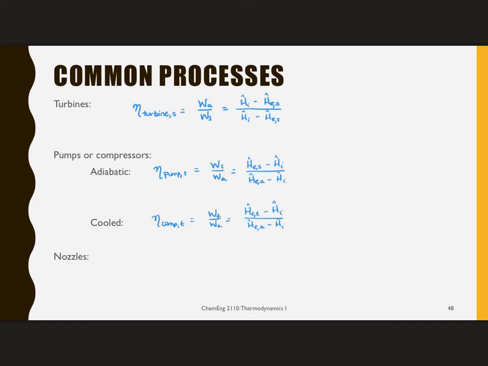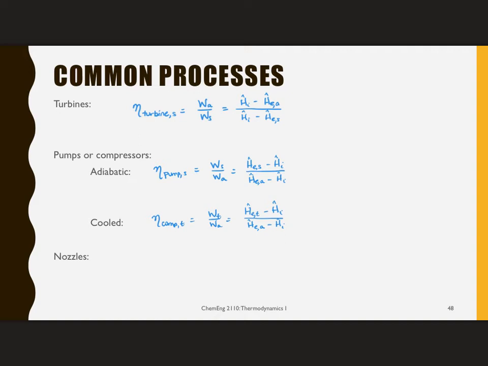Typically, pumps are adiabatic, so the efficiency of a pump would be Ws over Wa. And the efficiency for a compressor, which is typically operated isothermally, would be W sub T over W sub A. So we're maintaining the exit temperature as the same as the inlet temperature in those cases.